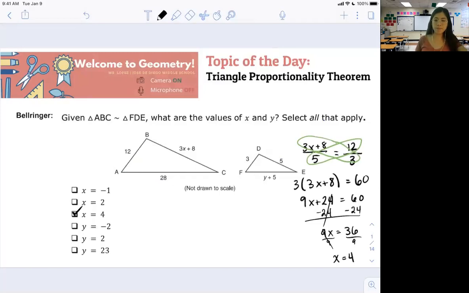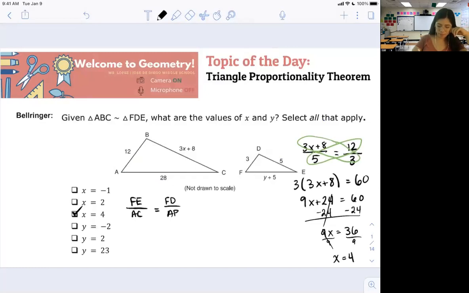So similarly, I'm going to go ahead and find two pairs where one of them has the variable and one does not. So I'll start with FE over AC. And then what's the other pair that will work for us? FD, good, over AB.